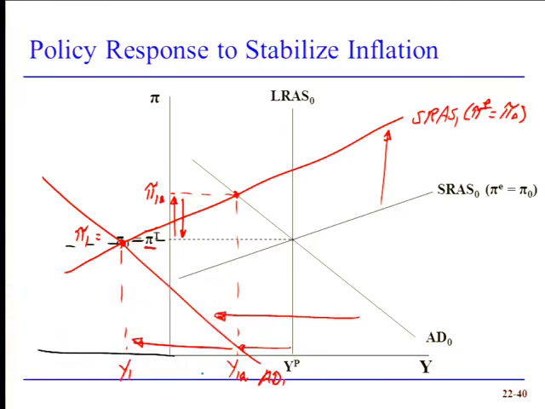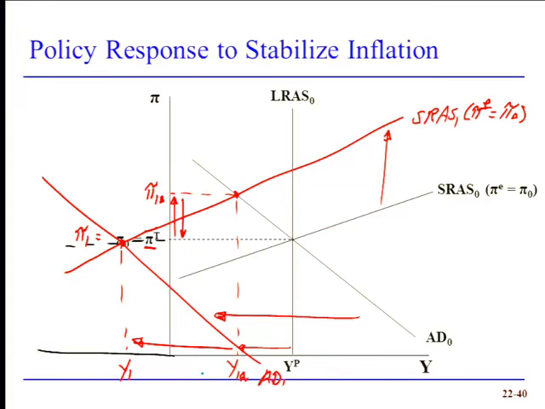Okay. So actual inflation is at pi 1. Expected inflation in year 2 will equal actual inflation in year 1. But remember, where actual inflation equals expected inflation is long-run equilibrium, which in our diagram would be right back here, where we started from.